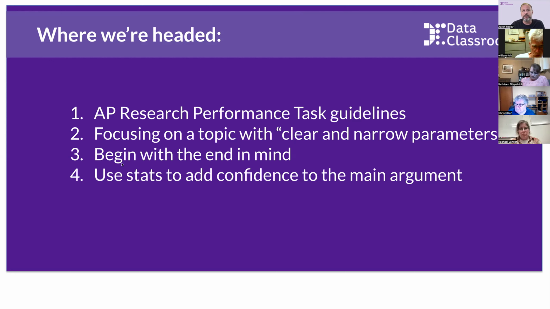Two, beginning with the end in mind, which is a tip I give to young scientists and researchers at any level. You want to do a couple of thought exercises before you begin a research project. And finally, using stats to add confidence to the main argument.